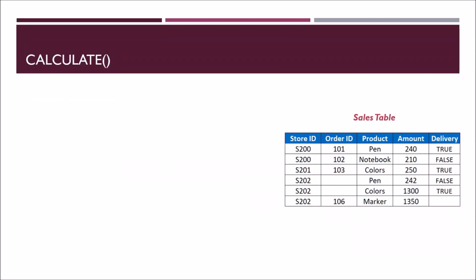Now, for an example, let's say I have this sales table, which has 5 different columns. Here is the question I have to answer: how much sales were made by selling pen? And the answer has to come from this table only.